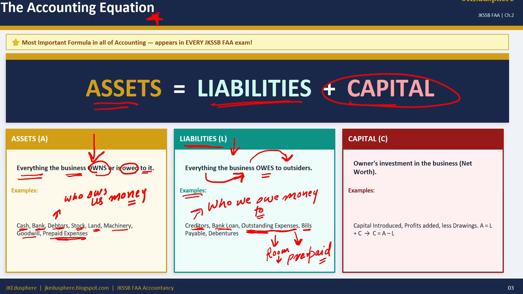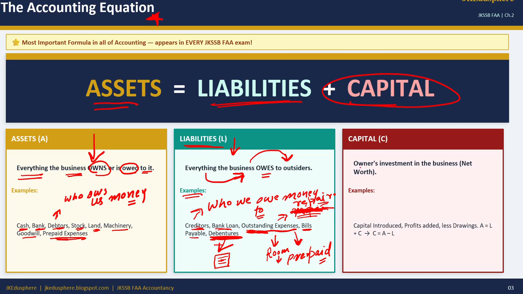Or if we have a shop or store and we have to repair it, that is an outstanding expense. Then the bills payable, and debentures. We will see what debentures are. Debentures are something offered by the government, and on the basis of those debentures loans are given. We will see this in the upcoming videos.